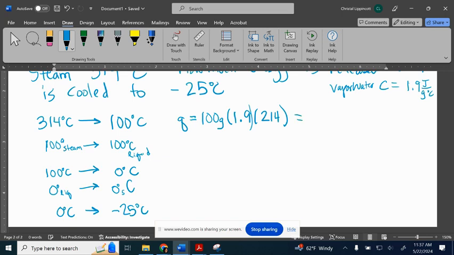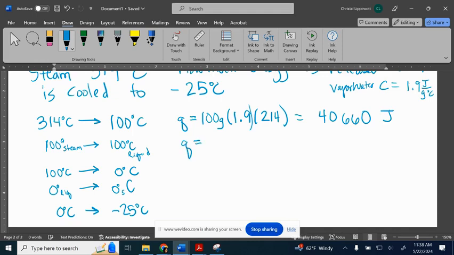So 100 times 1.9 times 214. And that ends up being 40660, and that would be joules. If you want to do it in kilojoules, you just move your decimal point over 3 spots.